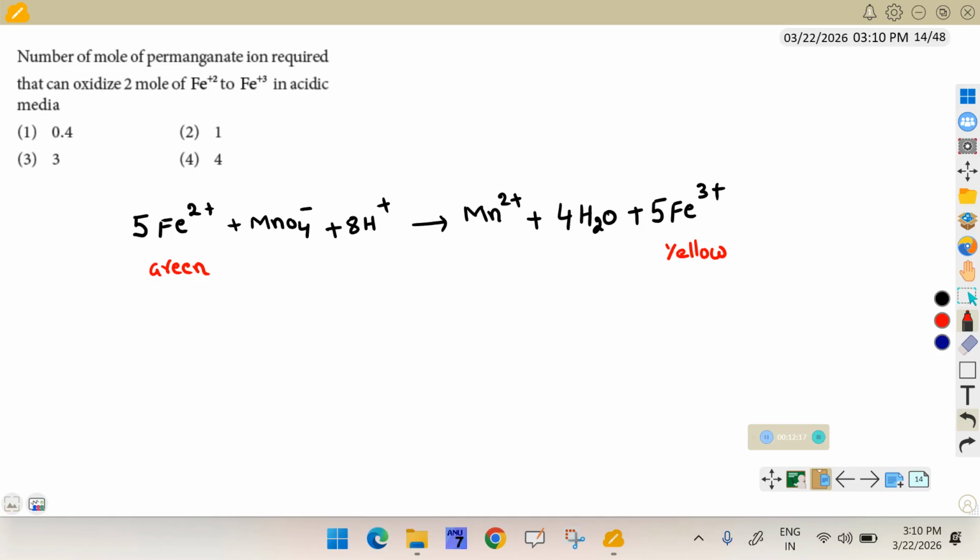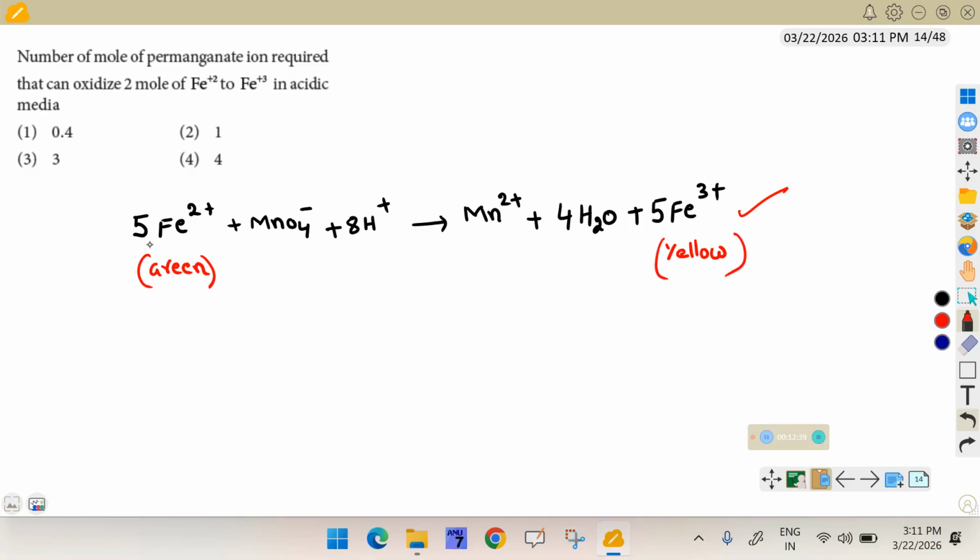Number of moles of permanganate ion required to oxidize 2 moles of Fe2 plus to Fe3 plus in acidic medium. This is the acidic medium equation. Here, important: Fe2 plus is green in color, Fe3 plus is yellow in color.